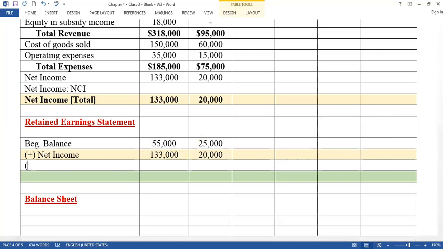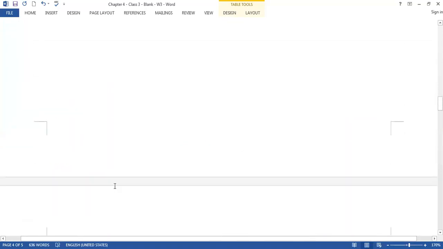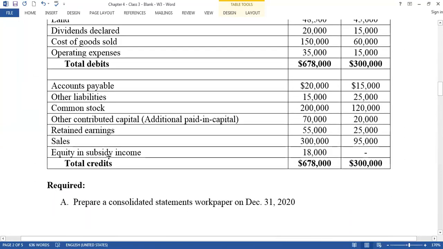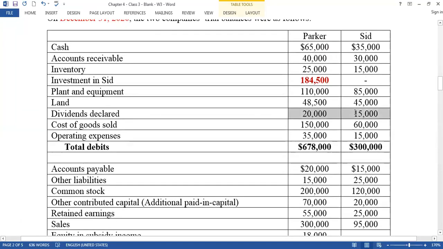minus dividend declared. Dividend declared is given in the question. It should be the debit side. The parent company declared $20,000, and the subsidiary company declared a dividend of $15,000.